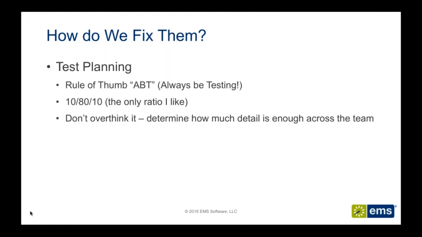The only ratio that I really like is the 10-80-10 ratio. Let's use the simple example of a sprint. If we have a 10-day sprint, in most companies that I've worked with, we consider a working day's capacity for a team or an individual on a project to be around 6 hours per day. That leaves about 2 hours a day for admin and non-project related work.